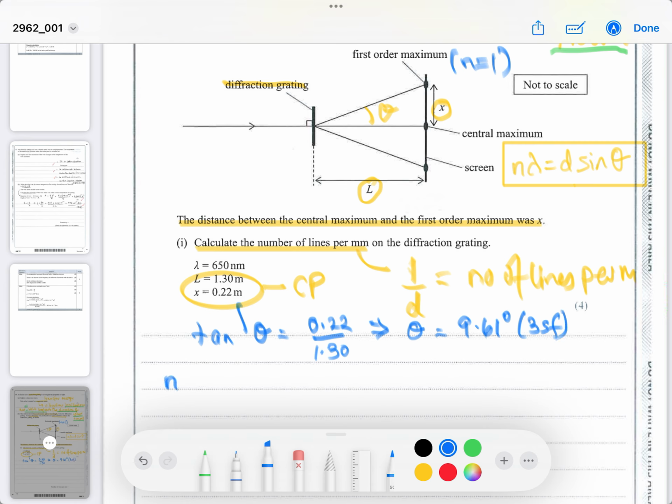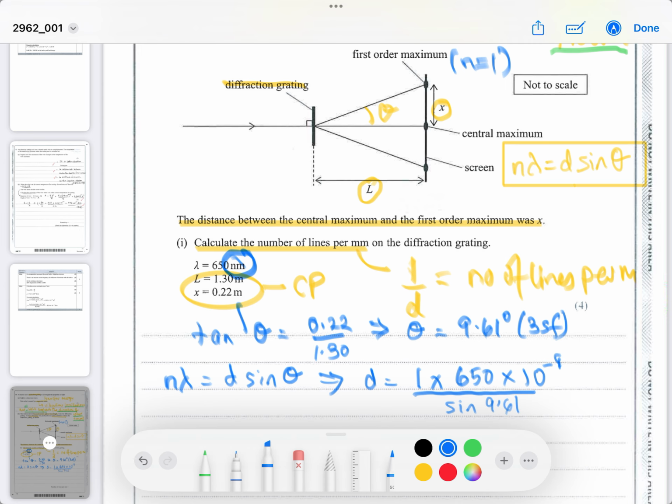Now we want to use n lambda equals d sine theta to find d. Because we want to do 1 over d, in the equation we're going to get d. d is equal to n lambda, so it's 1 times 650 nanometers, and don't forget nano means times 10 to the minus 9, divided by sine of 9.61.